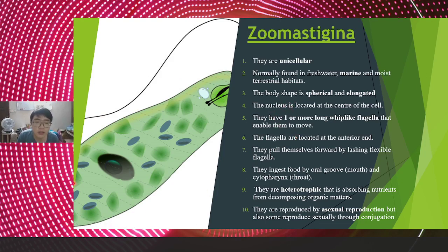It also contains a nucleus at the center of the cell, and they have one or more whip-like flagella that enable them to move. These long ones are the flagella.